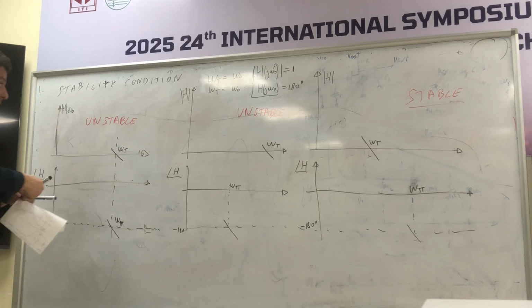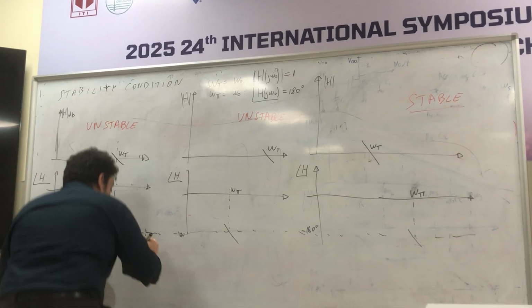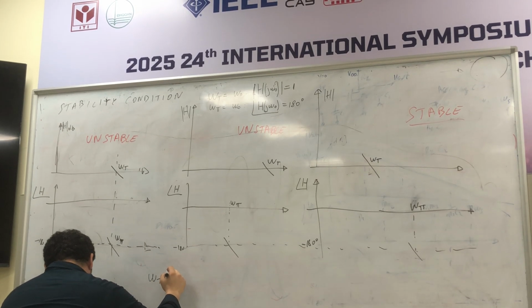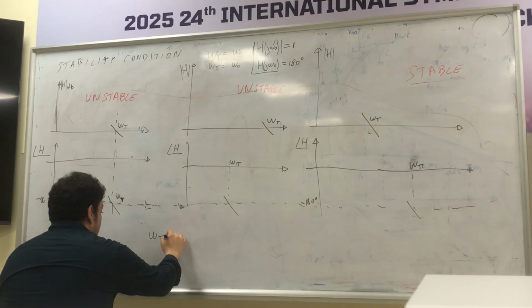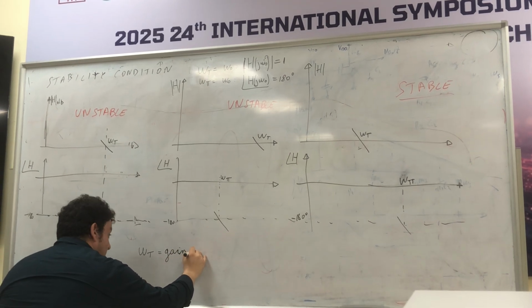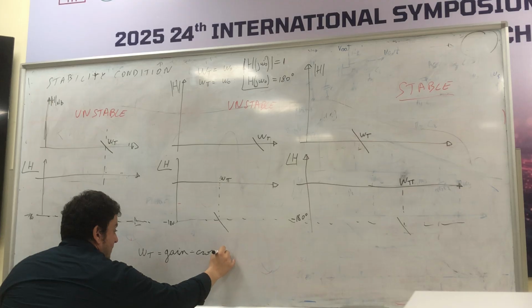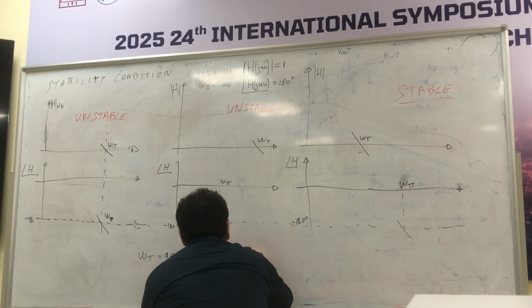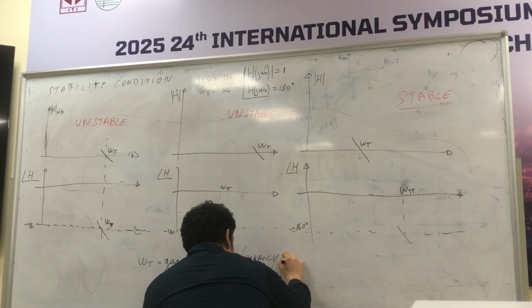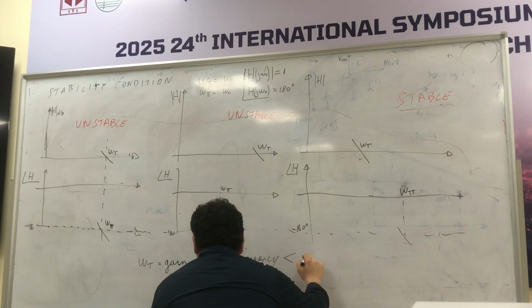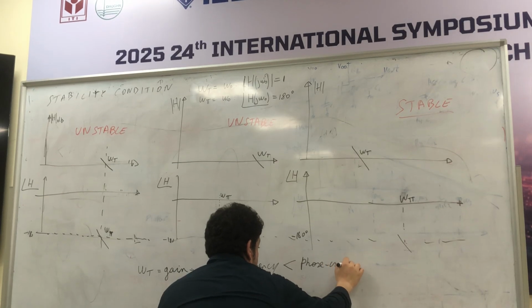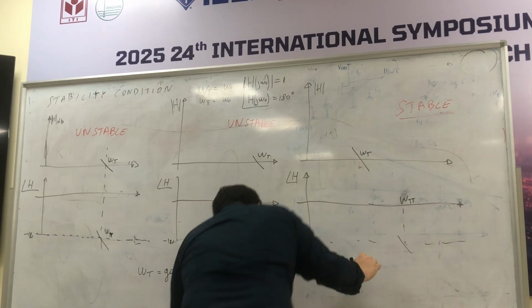So maybe we can also call omega t the gain crossover frequency. These two need to be always lower than the phase crossover frequency.